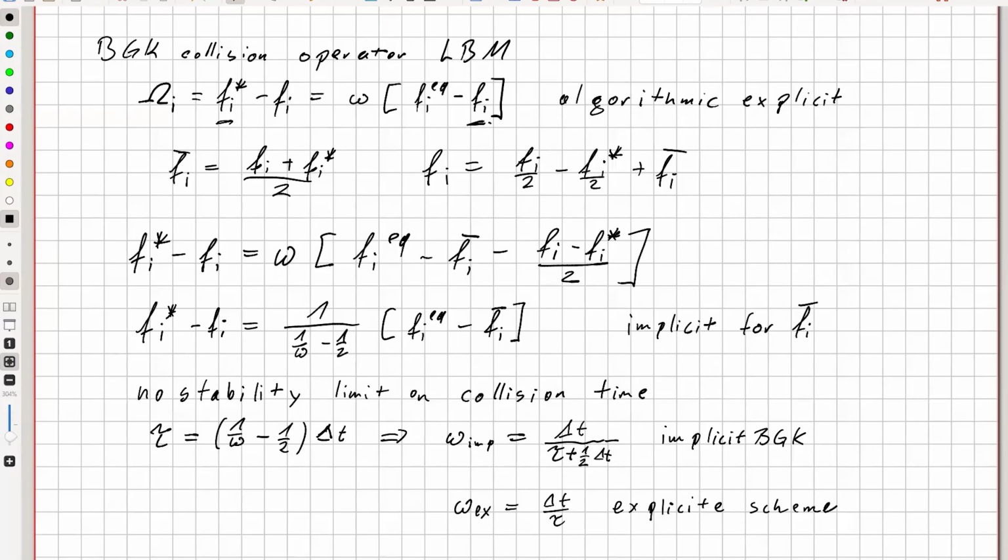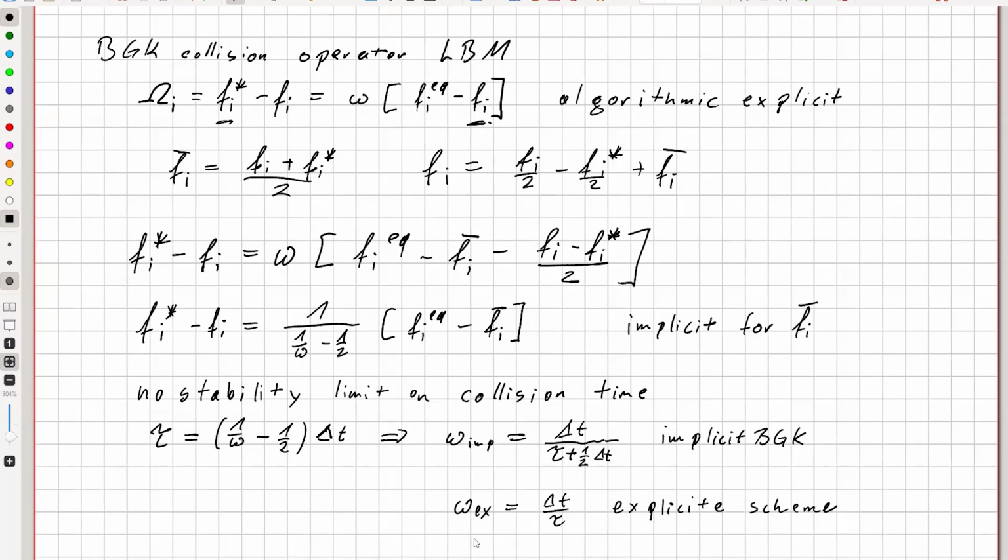Now, how do these things compare? This you could say is the physically correct collision frequency.